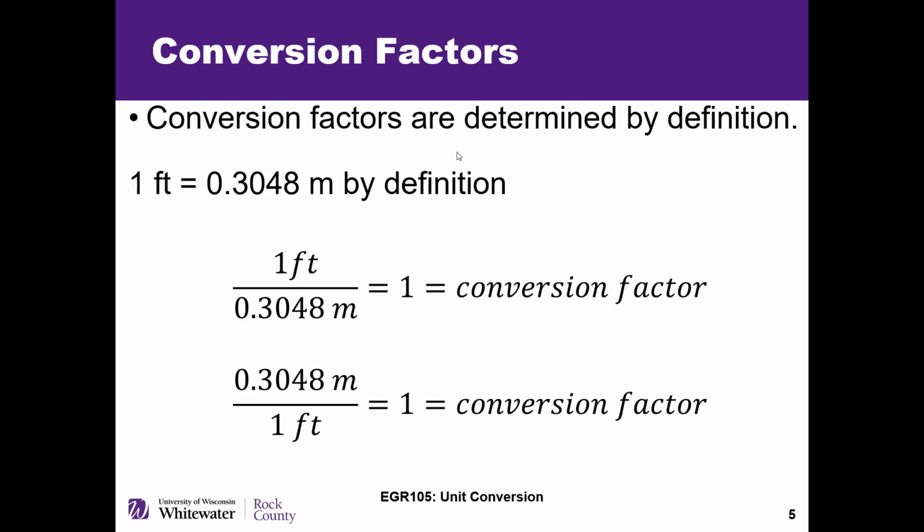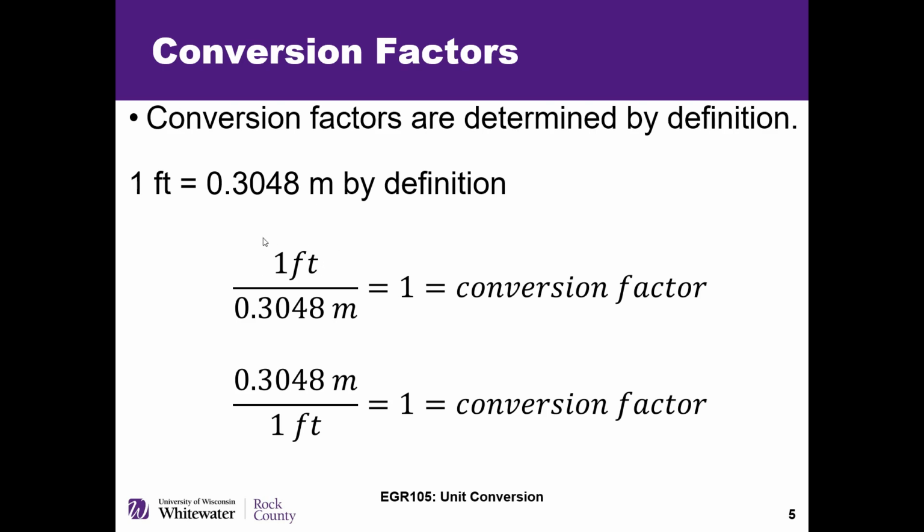Conversion factors are determined by definition. So if you look up in your book, you will see that 1 foot equals 0.3048 meters by definition. That is what it means, right? And if I divide both sides by this 0.3048 meters, of course, the right side would be 0.3048 meters over 0.3048 meters, which is 1.